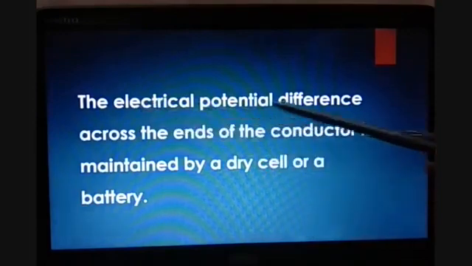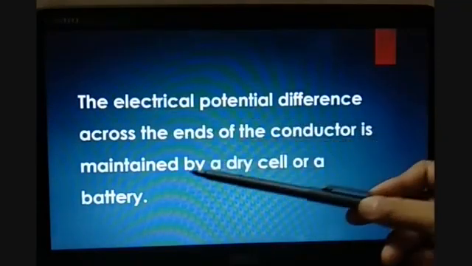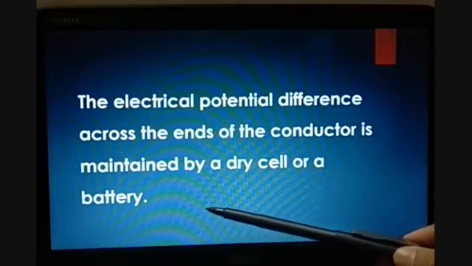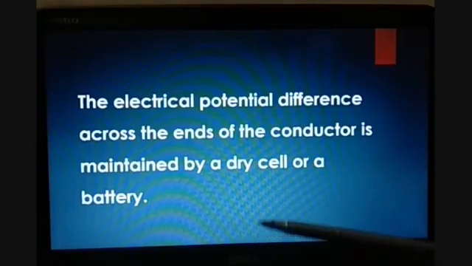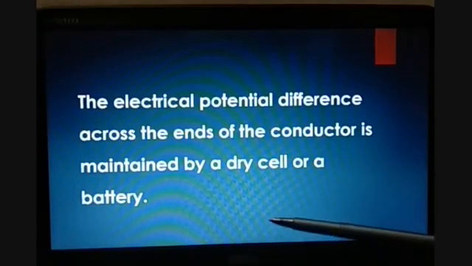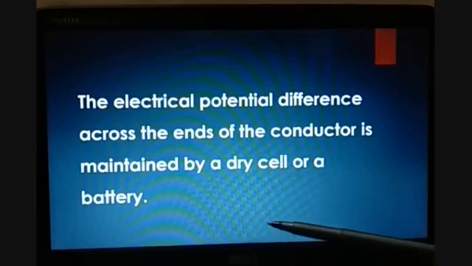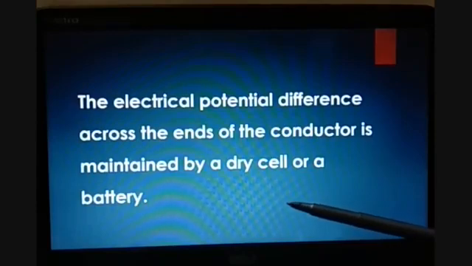The electric potential difference across the ends of the conductor is maintained by a dry cell or a battery, as this was performed by the valve in the container. Here we need a dry cell or a battery to maintain the potential difference across the ends of the conductor.